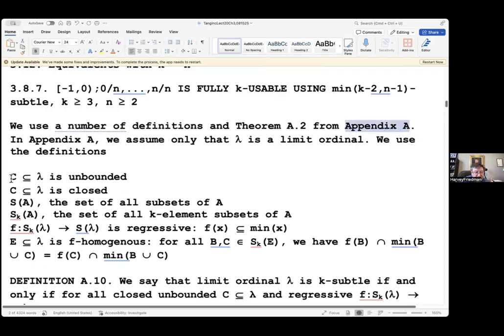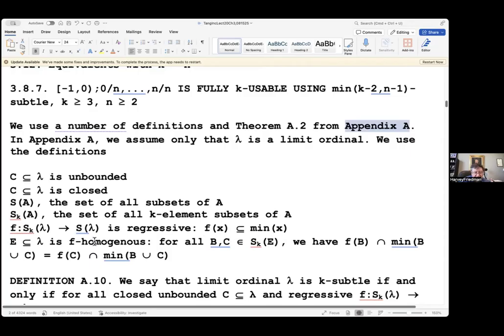So we know what an unbounded subset of a limit ordinal is. We know what a closed set is. This is the set of all subsets. This is the set of all k-element subsets. A regressive function, we know what that means: F of x is contained in min of x, because we're doing von Neumann ordinals. This makes sense.